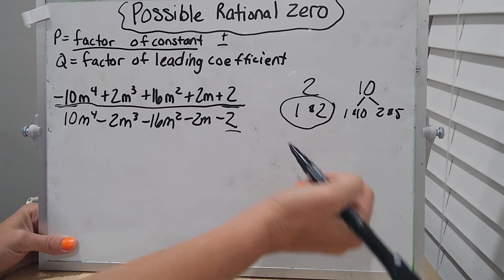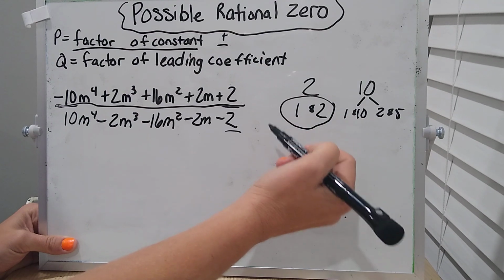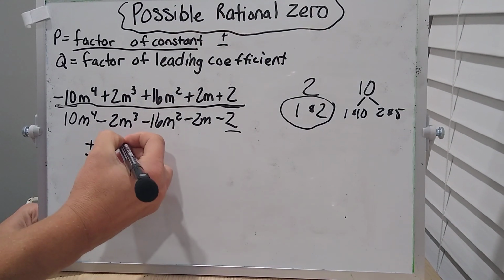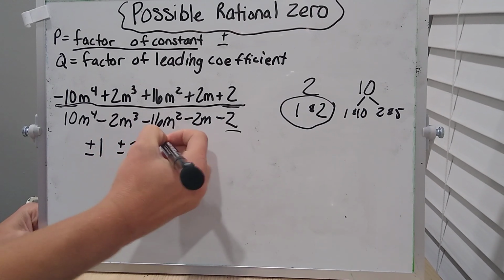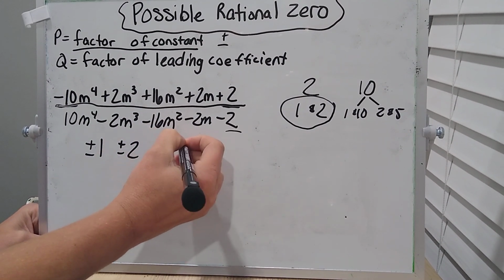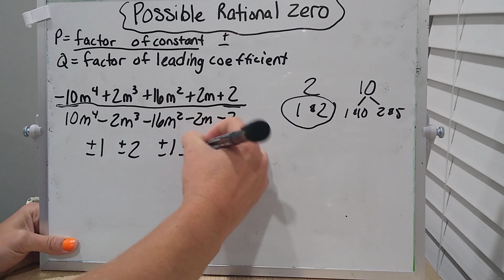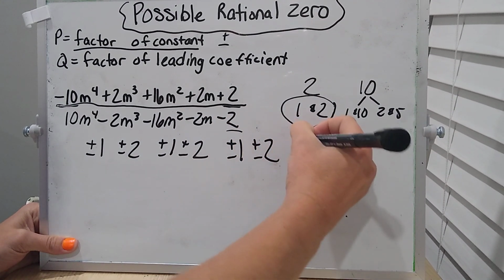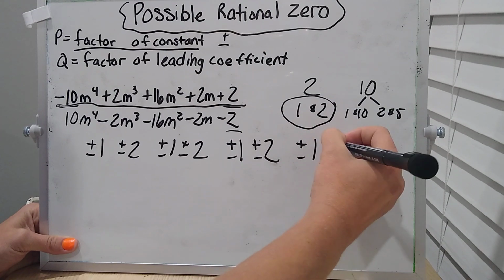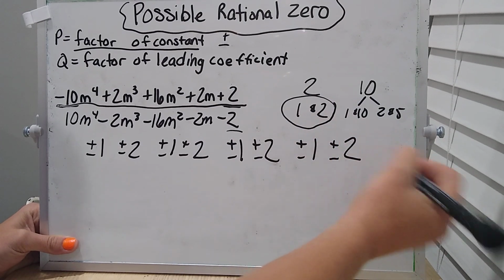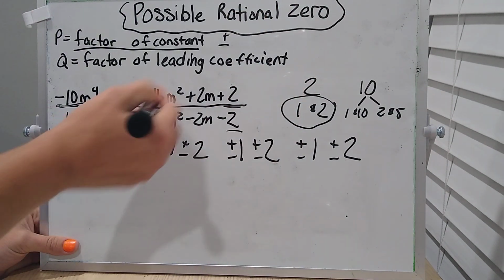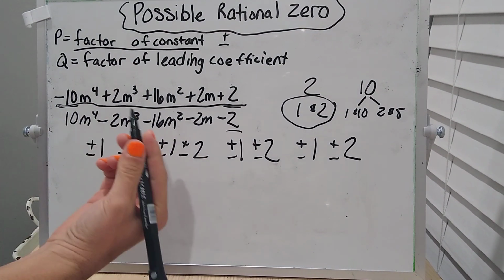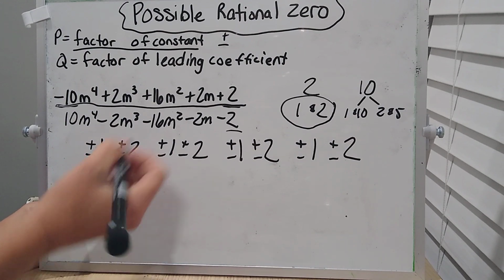So I'm going to write positive negative 1 and positive negative 2 four times. So here we go. Positive negative 1, positive negative 2. Okay, so 1 set, 2 sets, 3 sets, and 4 sets. And you can see this is going to take a lot of paper, okay? But once you get the steps down, it's pretty simple.